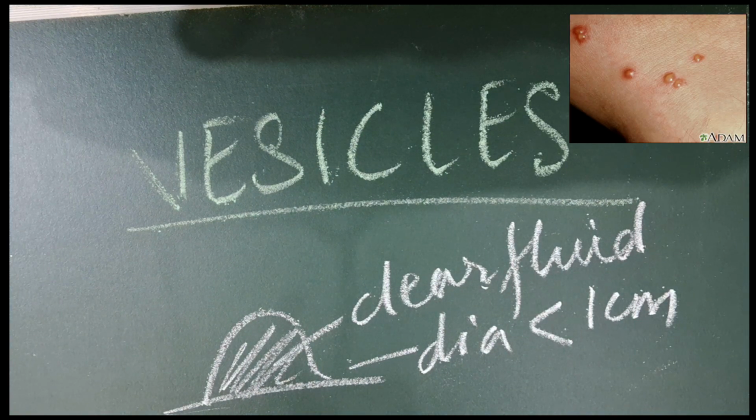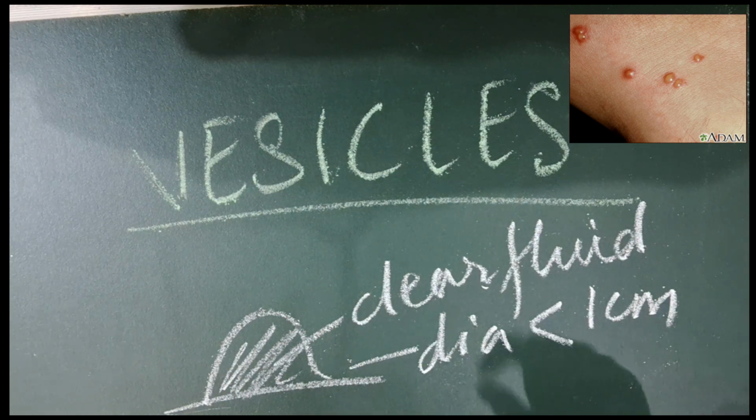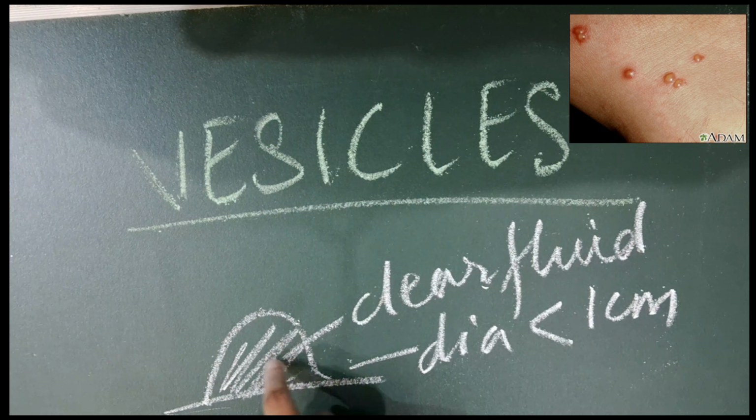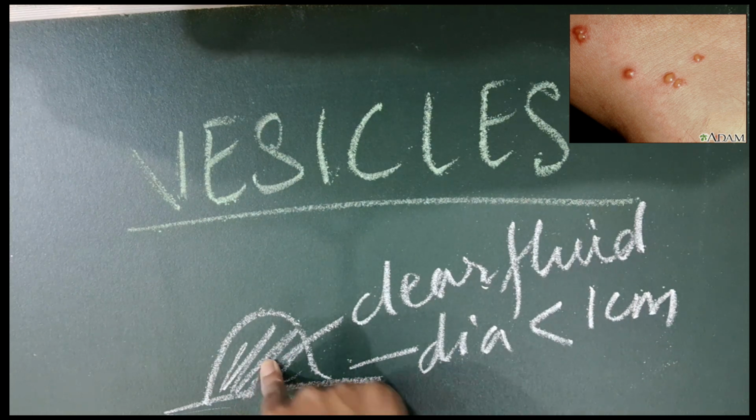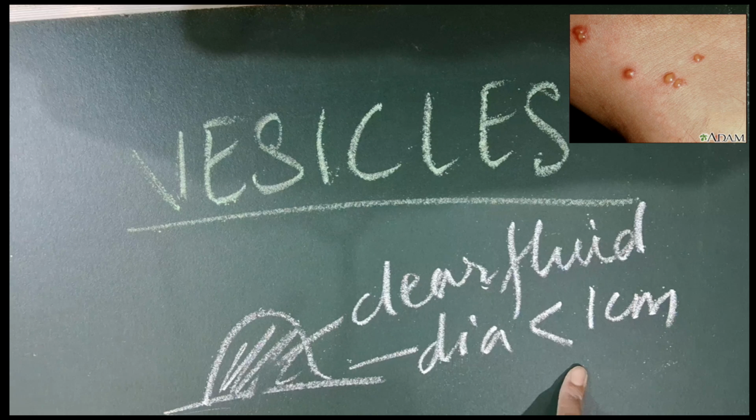So vesicles are elevated blisters containing clear fluid inside them, less than 1 centimeter in diameter.